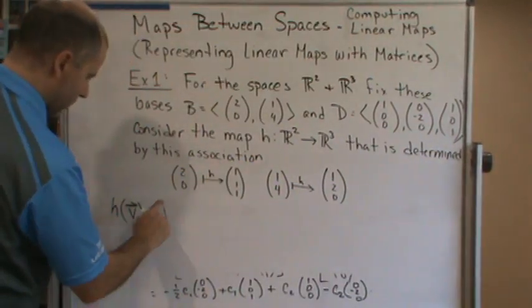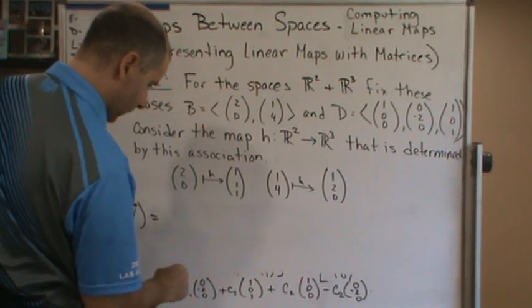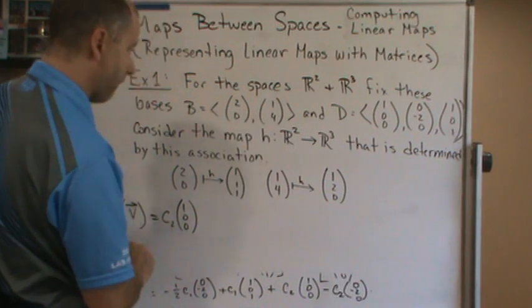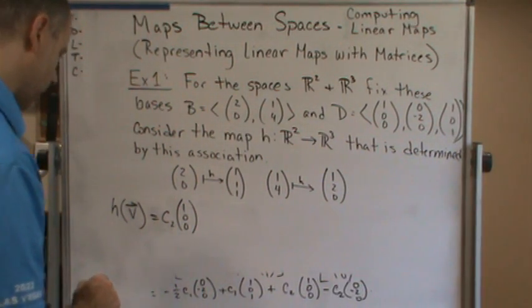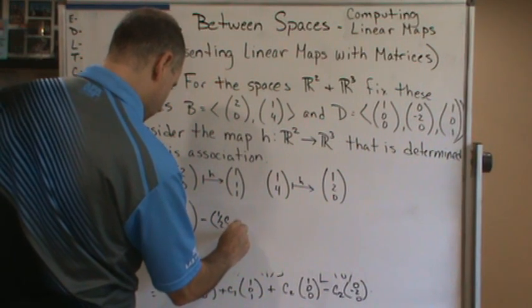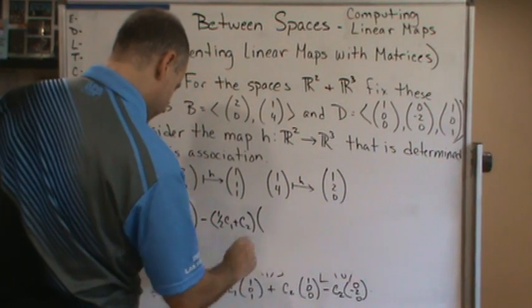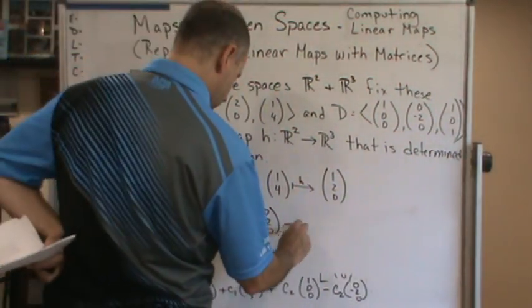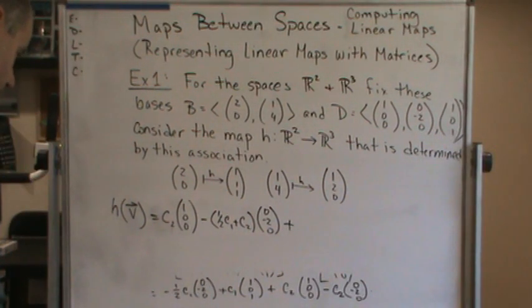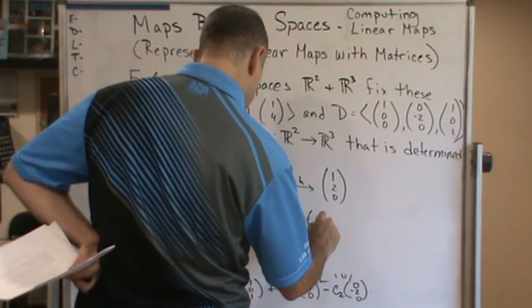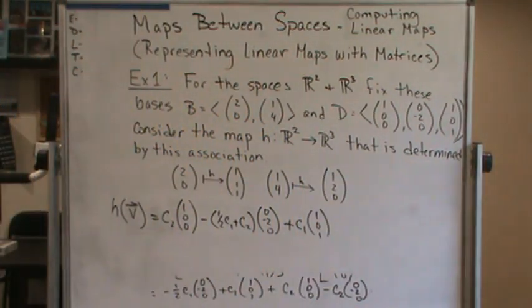And so our result is we get C2 times (1, 0, 0), minus (1/2 C1 plus C2) times (0, -2, 0), plus C1 times (1, 0, 1).